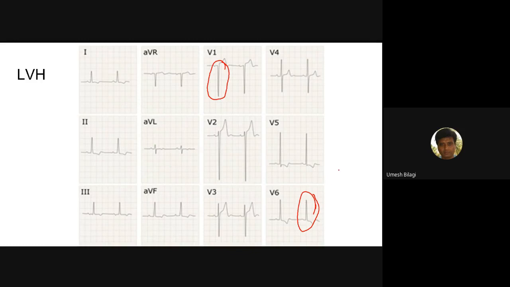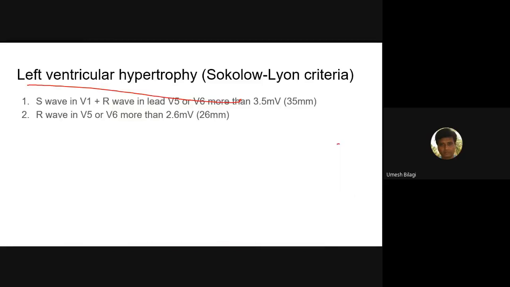If it is more than 35 small squares, that is 35 mm, it is LVH. Some people also take V1, V2.